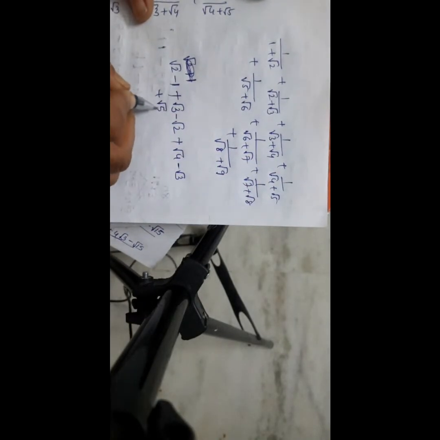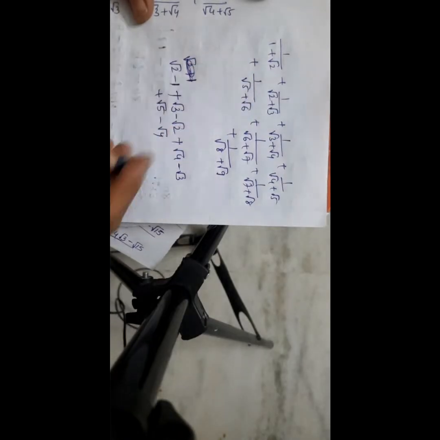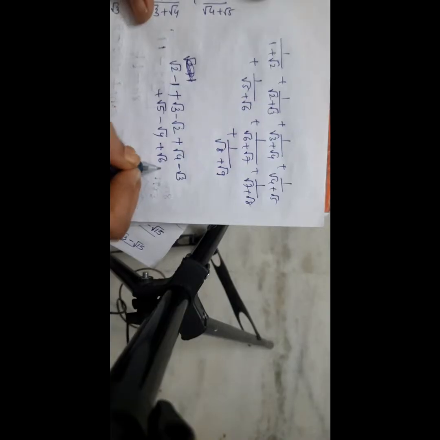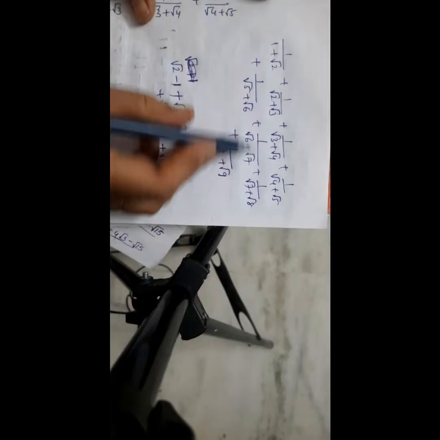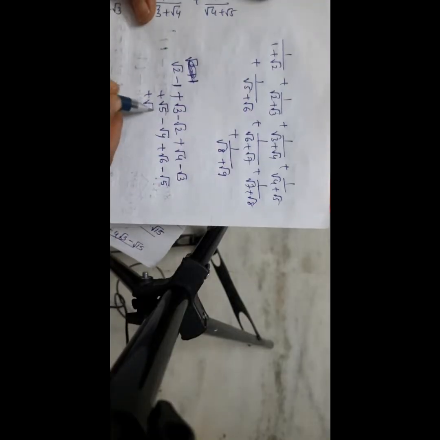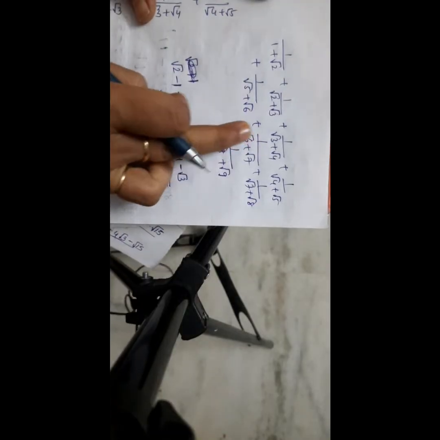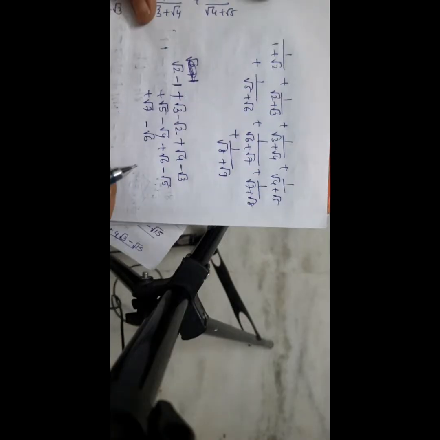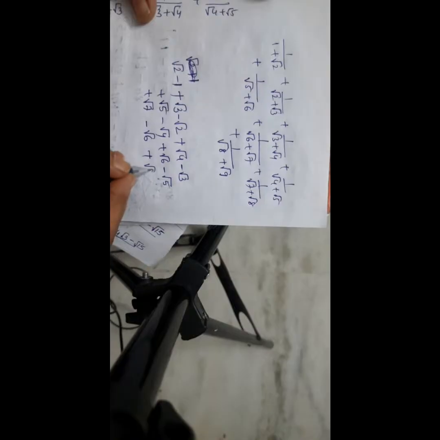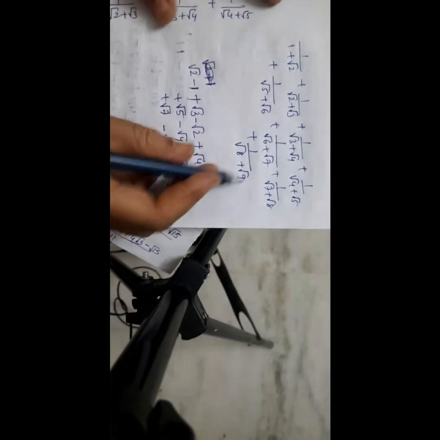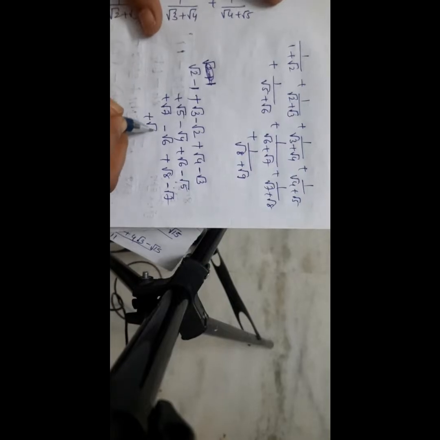Here it will be root 6 minus root 5. Next, root 7 minus root 6. Next one, root 8 minus root 7. Next, root 9 minus root 8.